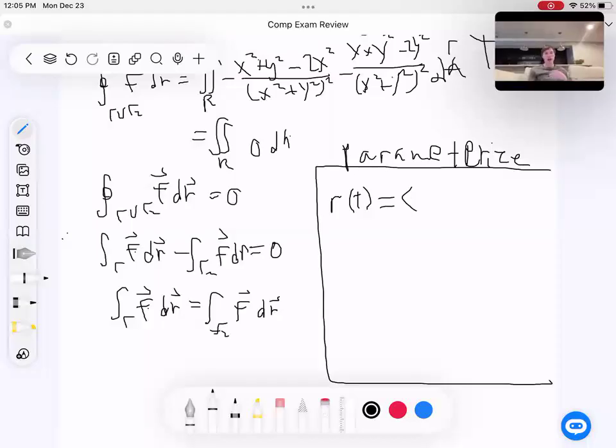And because it has a radius epsilon, we're just going to multiply that by epsilon. So we're going to do epsilon cosine t, epsilon sine t, where t goes from 0 to 2 pi.